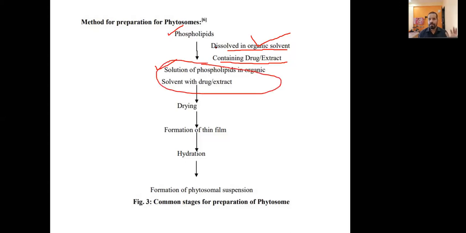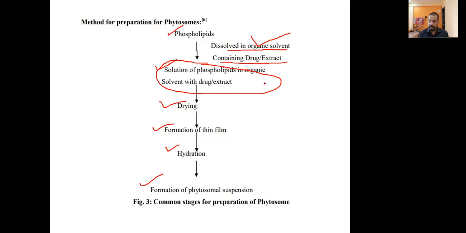Allow it to dry for a particular time, and then there will be formation of a thin film, and then allow hydration. It will lead to the formation of the phytosomal suspension. So this is the method of preparation.